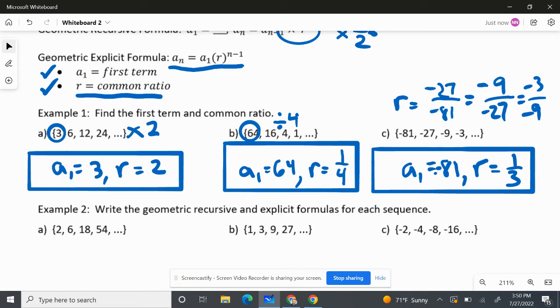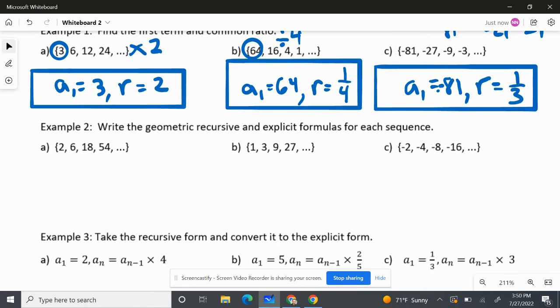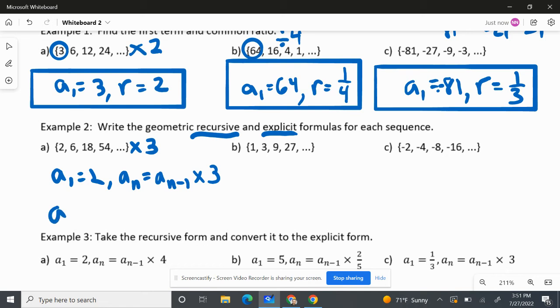Once again, you do that if you're looking at it and you can't tell what the pattern is. For example 2, this time we're writing the recursive and the explicit formulas. So we have a sub 1 equals 2. We see that we're multiplying it by 3. So we have a sub n equals a sub n minus 1 times 3. For the explicit, a sub n equals 2 times 3 raised to the n minus 1.